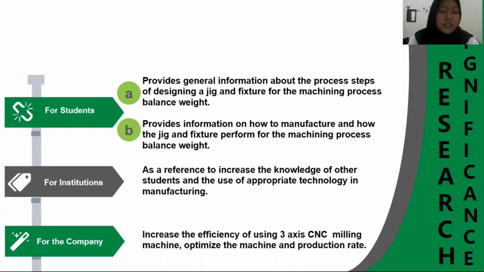For institution, as a reference to increase the knowledge of other students and the use of appropriate technology in manufacture. And for the company, increase the efficiency of using the 3-axis CNC milling machine, optimize the machine and production rate.